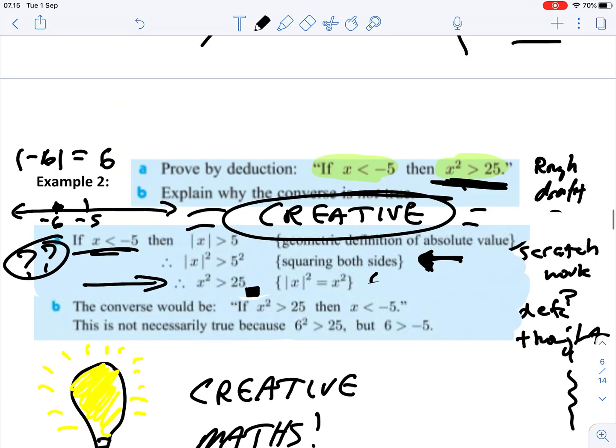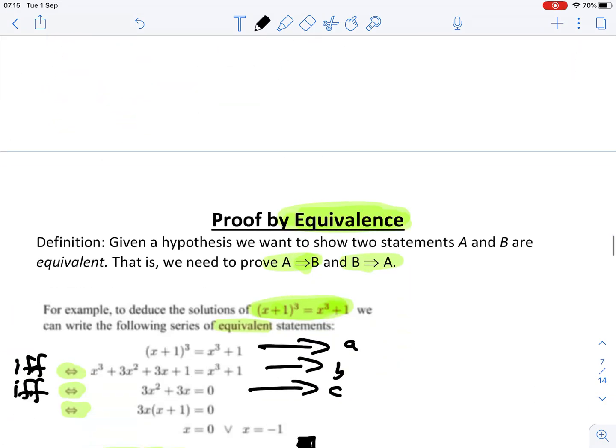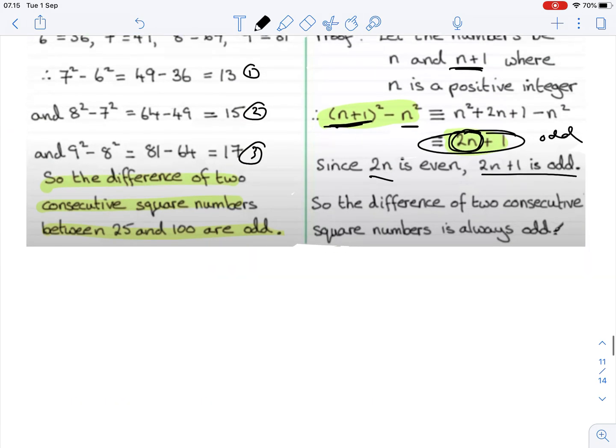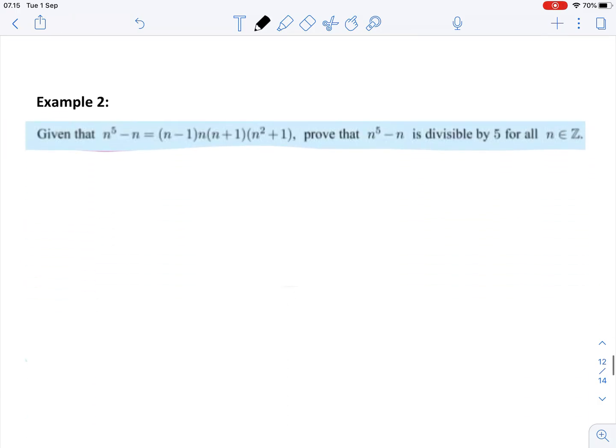That was in our last video, we covered that. We can use these statements to prove things are true. So the difference of two square numbers is always odd. And please don't forget to always signify that you're done with the proof with the square box, QED, or that guy.